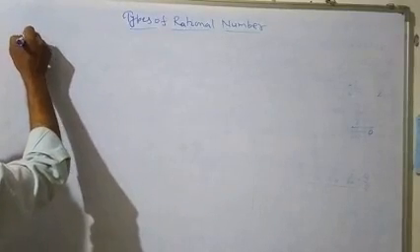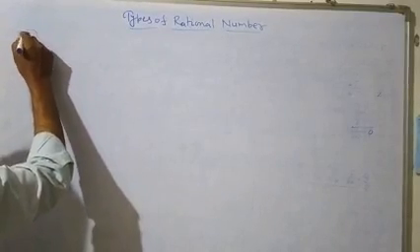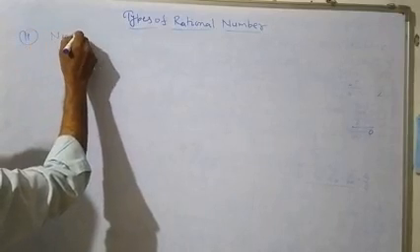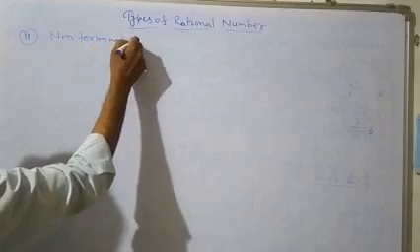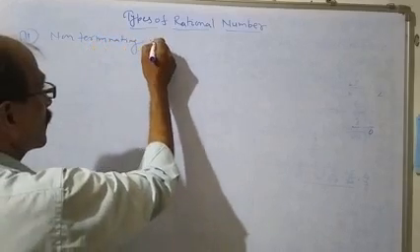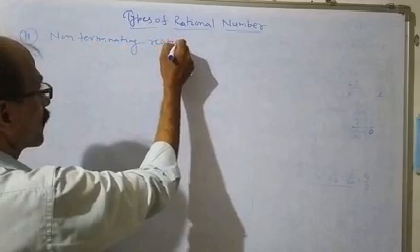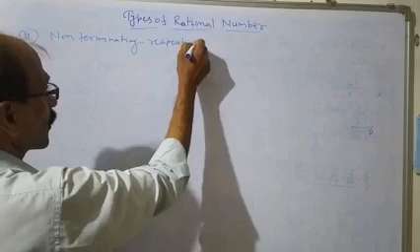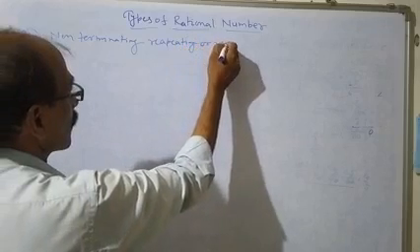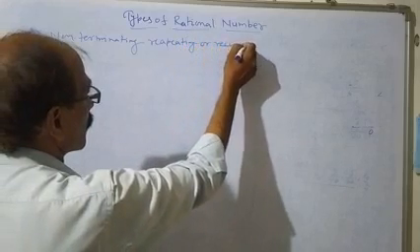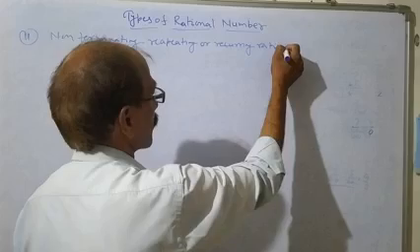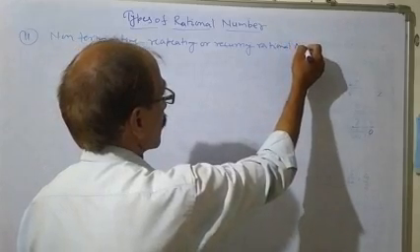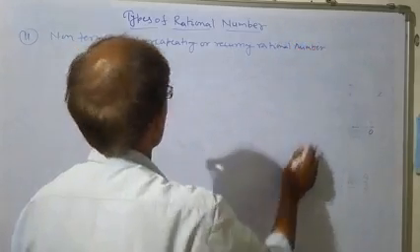Second will be non-terminating, repeating or recurring rational number.